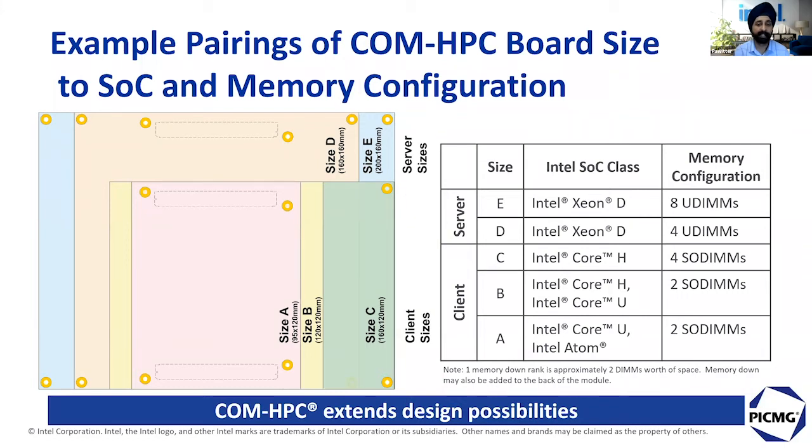Overall, COM-HPC extends the design possibilities by allowing higher-end, higher-power CPUs, additional components such as memory, and more and faster IOs in comparison to COM Express. With that, I'll hand it over to Joel.